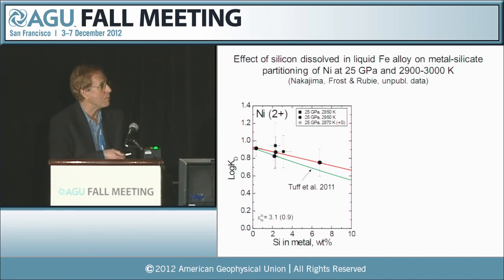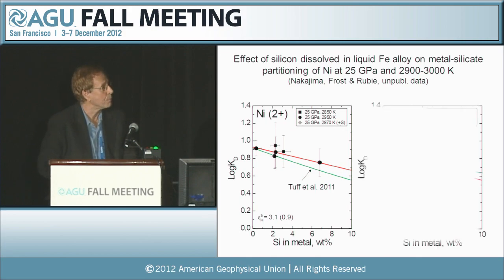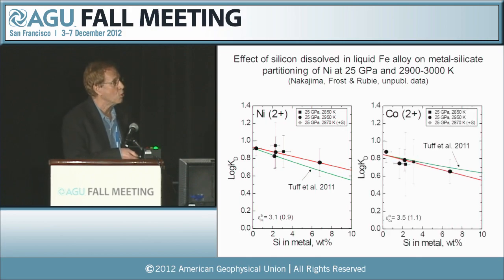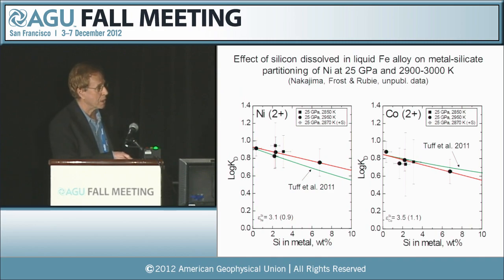So we can extrapolate at least to 3,000 degrees from the low temperatures safely. And similarly for cobalt, the cobalt-silicon interaction parameter here is about 3.5, and the extrapolated Tuff et al. results are very similar to our results at 2,900 to 3,000 Kelvin. So this all looks very nice.